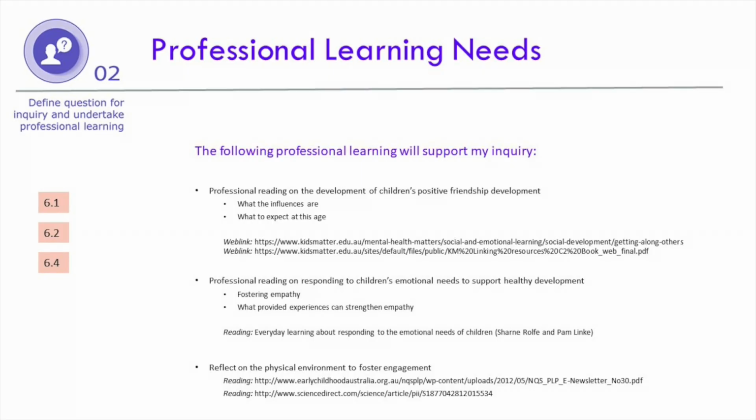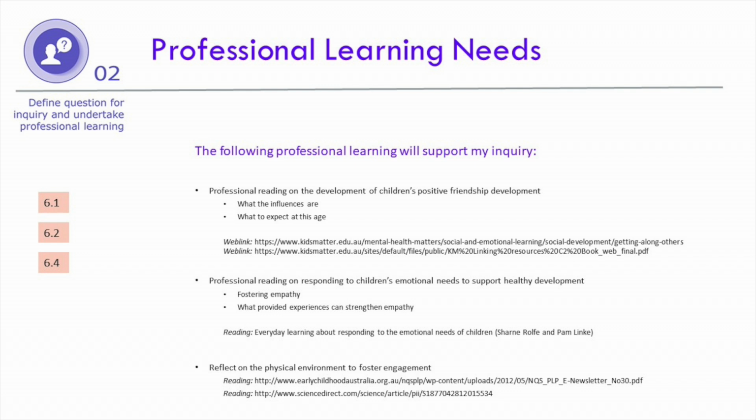topic. So from this, I was able to identify some learning needs, namely looking at the development of children's friendships and empathetic behaviours and what I could expect at that age. So there are some links there to those readings, as well as looking at children's healthy emotional development and what adults and educators can do to support them through this development.